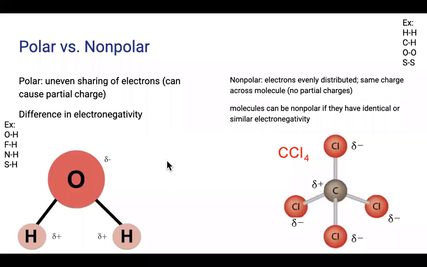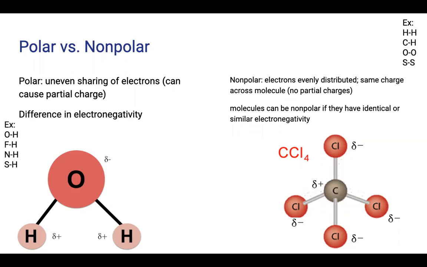Polar is when you have an uneven sharing of electrons. So that's when partial charges come into play. Essentially, the difference in electrons and where they go is based on electronegativity. If you're familiar with Gen Chem and the periodic table, some elements are more electronegative than others.